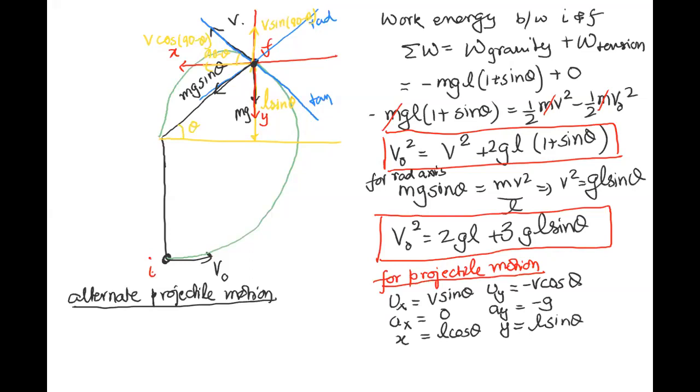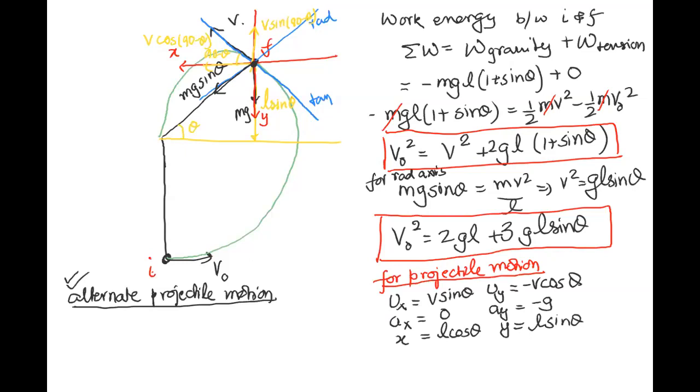Okay, I hope that you are realizing that any of these things that I decide to follow, it is going to take a lot of time. And here in the alternate projectile motion, I'll show you that we can do it in a very small amount of time, provided, of course, you remember certain things.